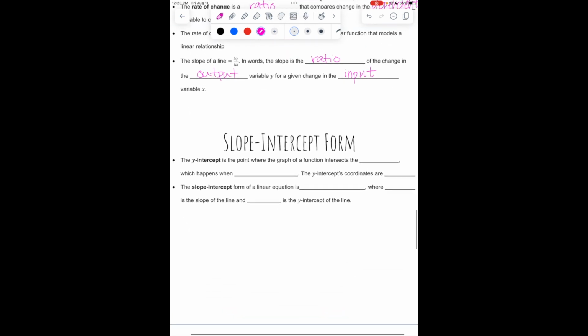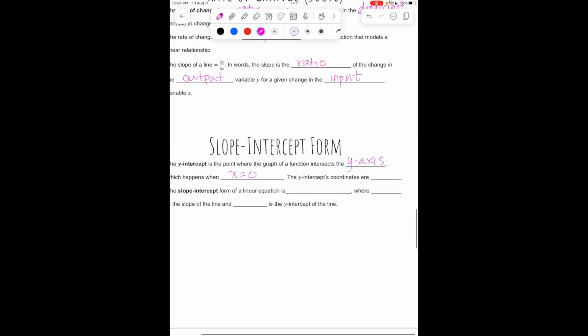Next is slope-intercept form, and when you kind of think about algebra, this is one of the major things that you think of. So the y-intercept is the point where the graph of the function intersects the y-axis, which happens when x equals 0. The y-intercept's coordinates are 0, y.